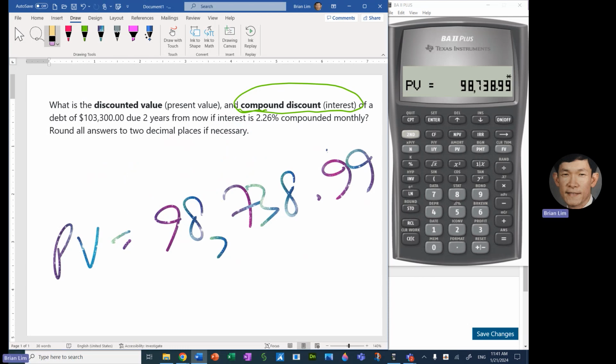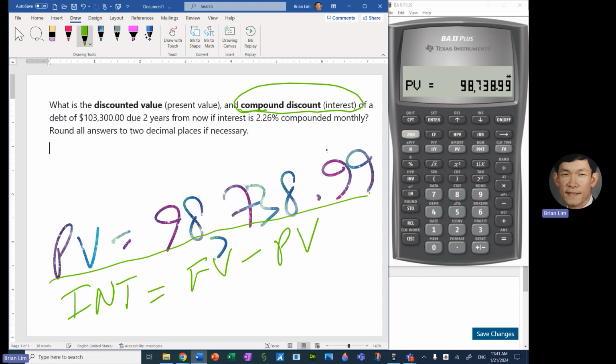So we take the compound discount, or the interest. For the interest, we take the future value minus the present value. So we have the present value here, and this right here is the future value.